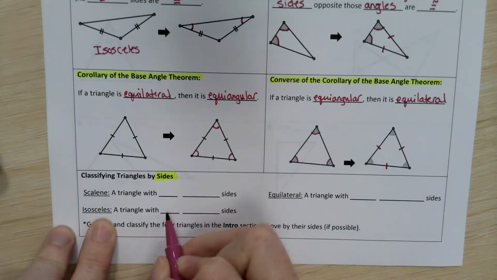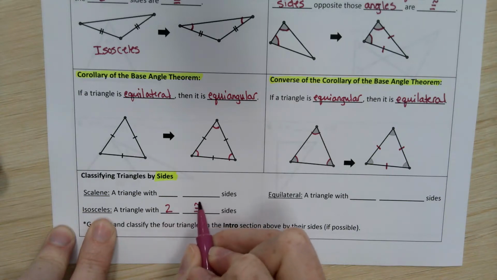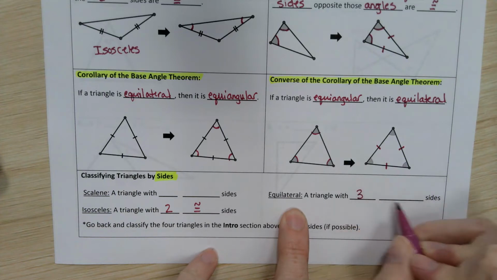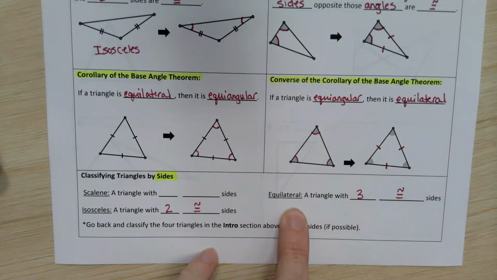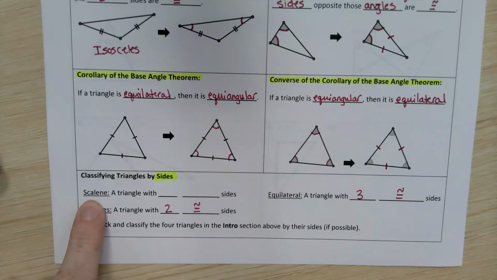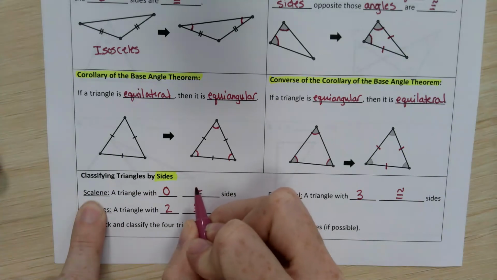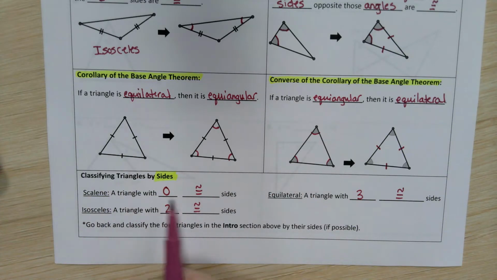Isosceles was a triangle with two congruent sides, and equilateral was a triangle with three or all congruent sides. Scalene is the new one, and that's going to be a triangle that has no or zero congruent sides. So basically, all three sides are unique.